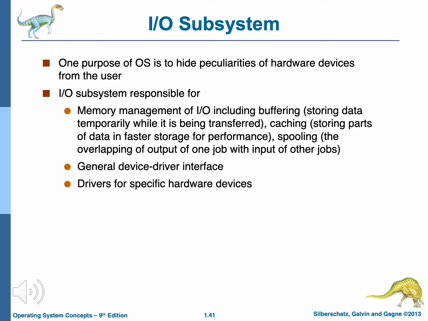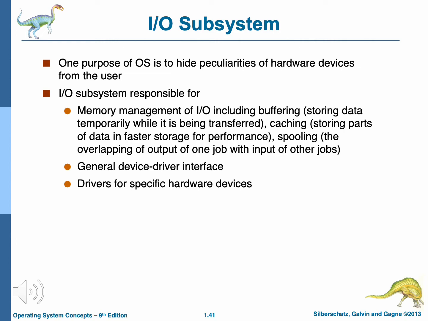I/O systems. One of the purposes of an operating system is to hide the peculiarities of specific hardware devices from the user. For example, in Unix, the peculiarities of I/O devices are hidden from the bulk of the operating system itself by the I/O subsystem.